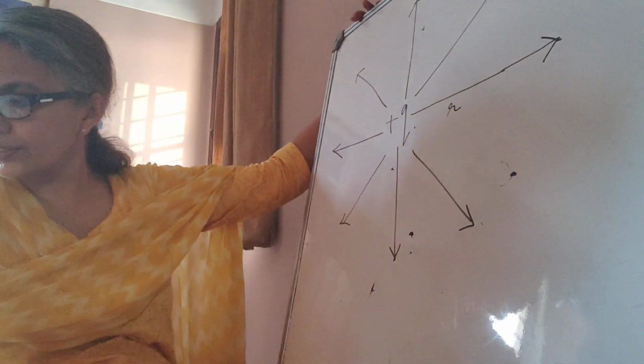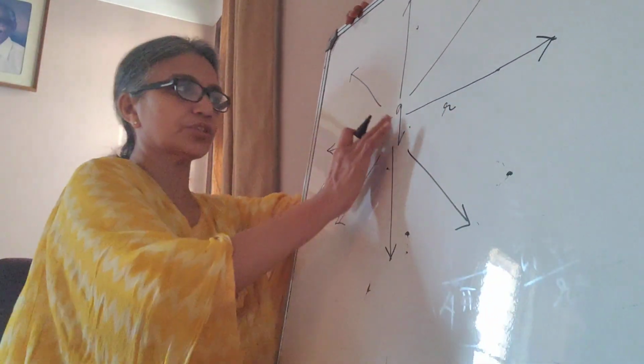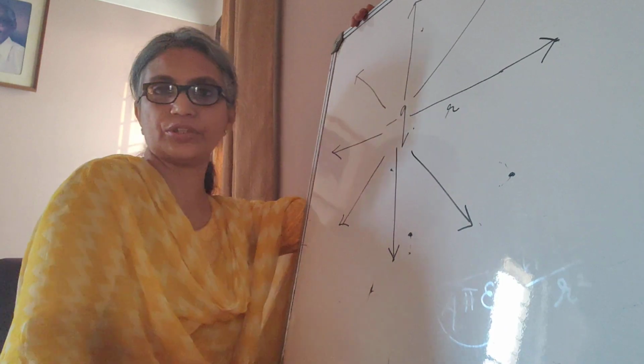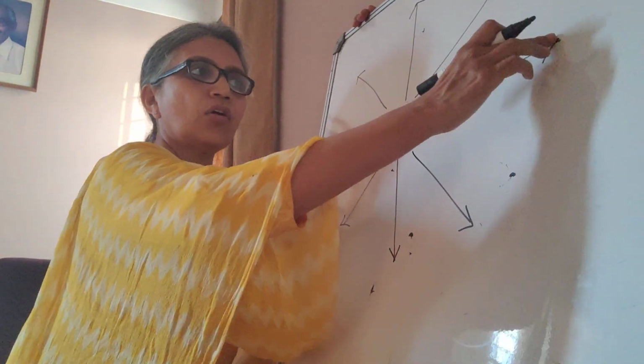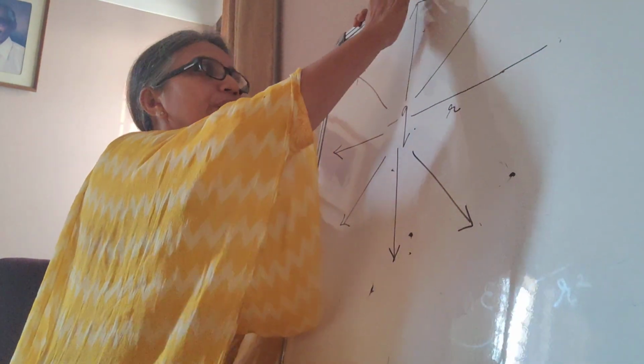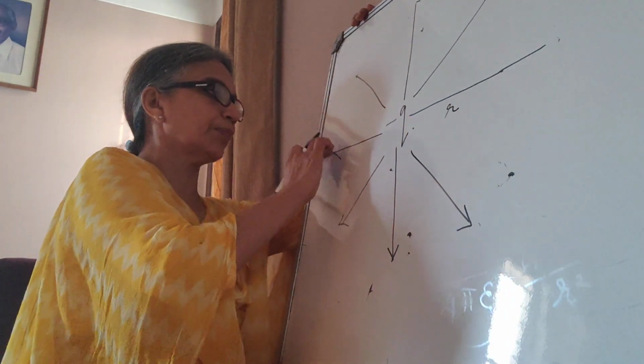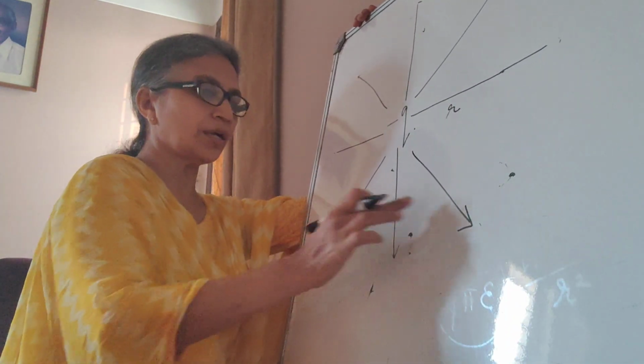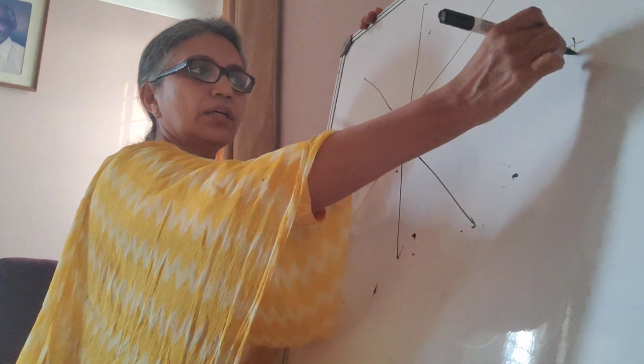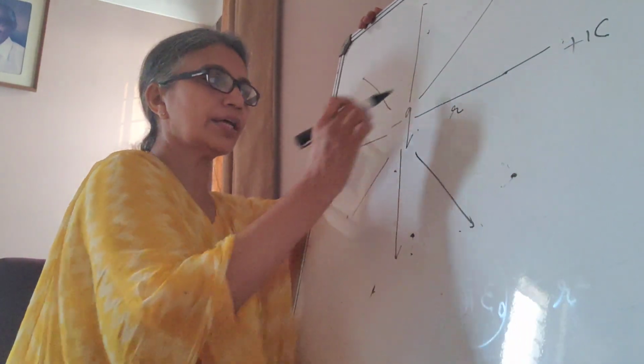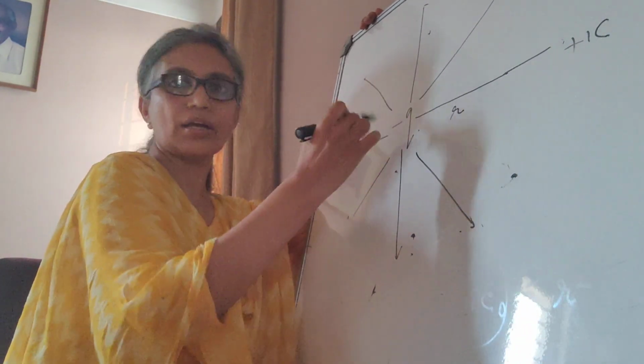If you replace this source charge by a negative source charge, then all these field lines will now be radially inward, simply because if you keep a plus 1 Coulomb here, this plus 1 and minus 1 are unlike.